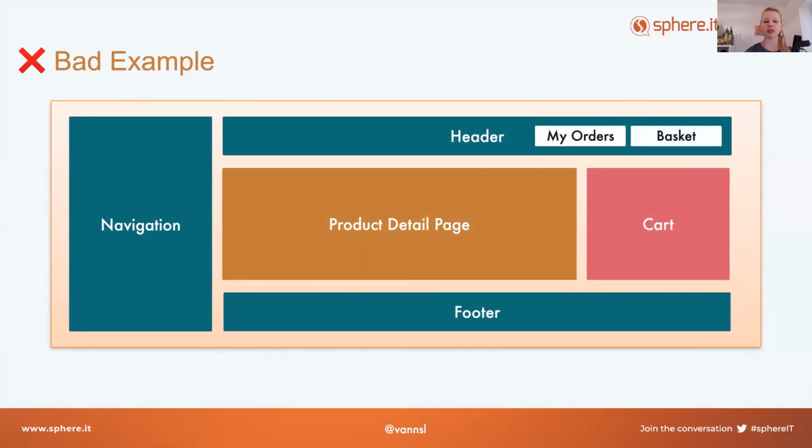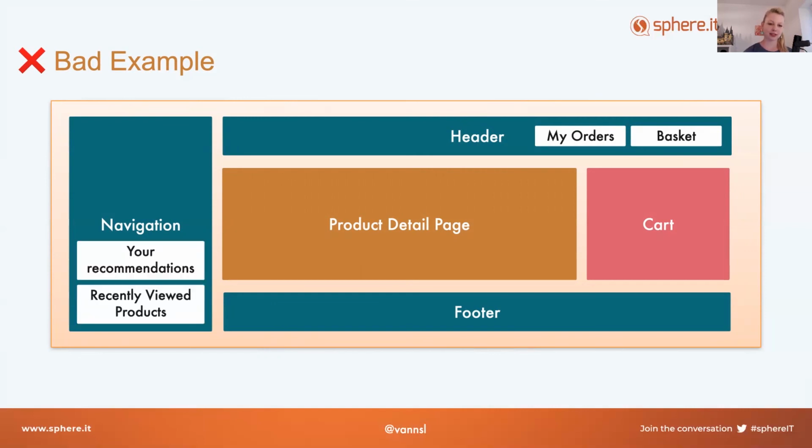In the header, there's usually also a basket displaying the counter of items in the cart. And in the navigation, maybe your recently viewed products. And you have your recommendations based on what you bought last. And here's the problem. The cart would need to update the cart of the header.